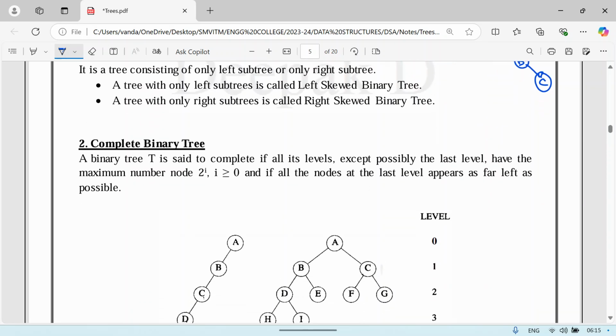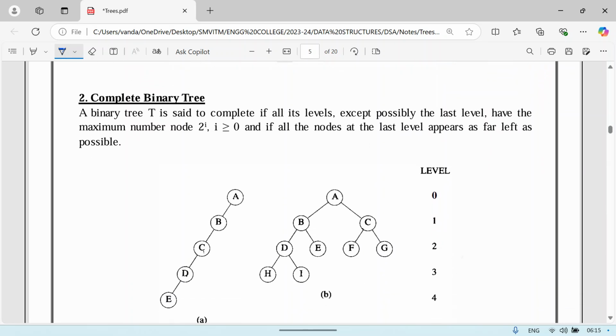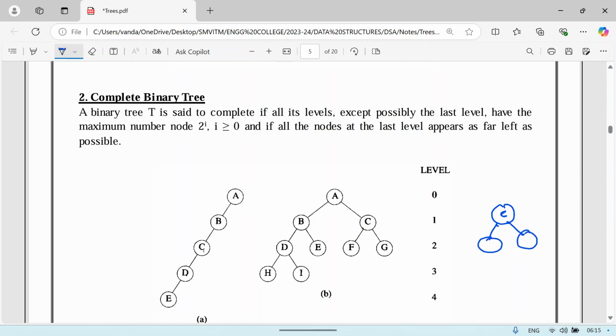Complete binary tree, this is also very important. Complete binary tree means that except the leaf nodes, all the other nodes have two child nodes.